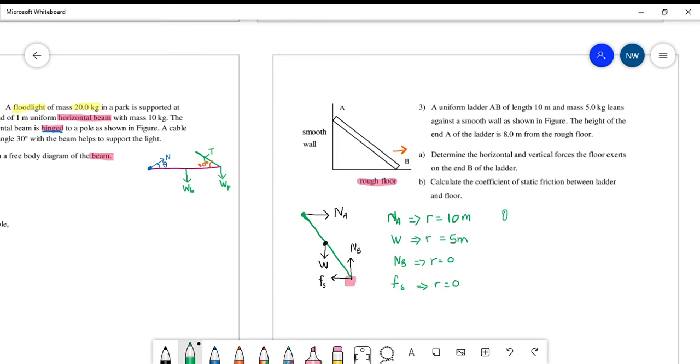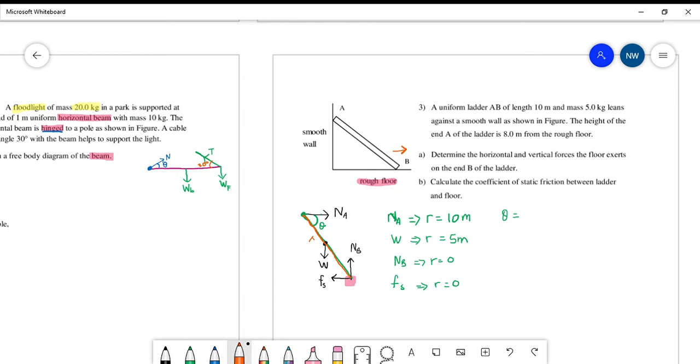The next one kita kira theta pula. So theta is the angle between the force and R. So untuk case NA ni, theta dia adalah dari sini ke sini lah. Sebab R dia ialah, yang ni kan R dia, dari sini sampai ke sini. So itulah R dia.